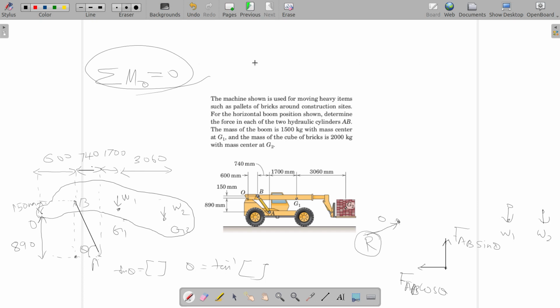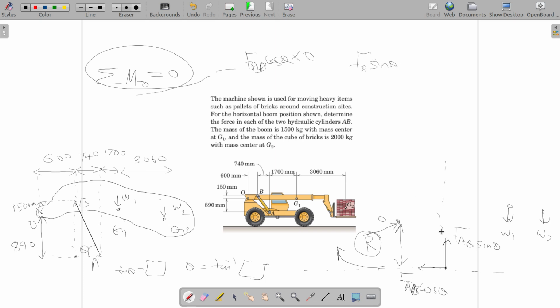Now you can write down the equation. So R into 0 is gone. Then FAB cos theta multiplied by the distance between the line of action of FAB cos theta and the point O, which is given, that is 890 plus 150. That causes a clockwise moment, so that will be negative. Then you have FAB sin theta.